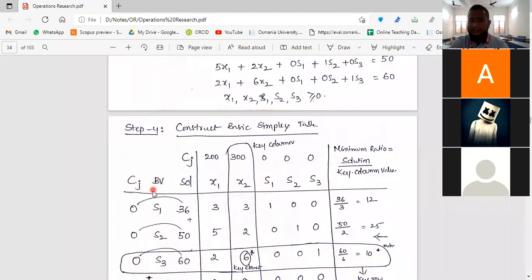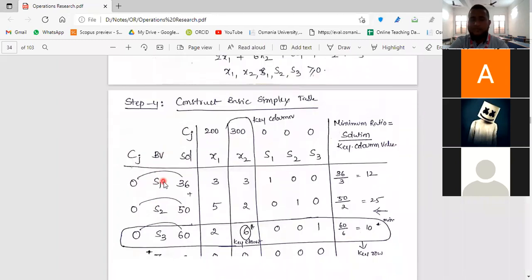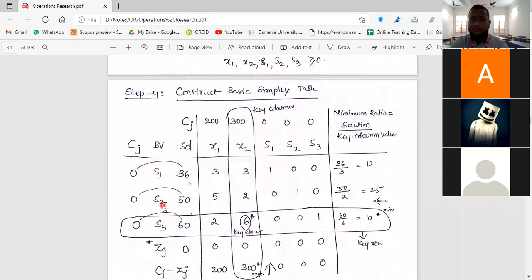Now come back here. Here also the basic variables you are seeing are S1, S2, S3. You have introduced slack variable 1, slack variable 2, slack variable 3. That is known as the basic variable. You find out in step 2, the initial basic feasible solution. The solution of S1 is 36. The solution of S2 is 50.